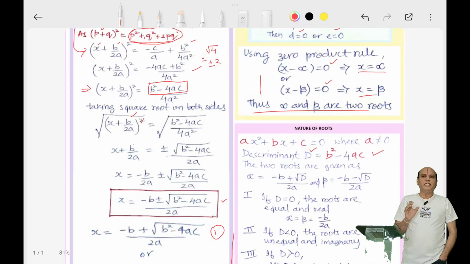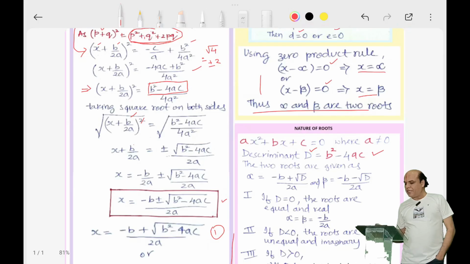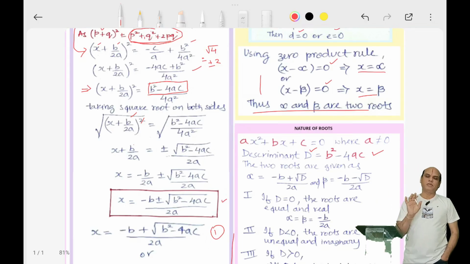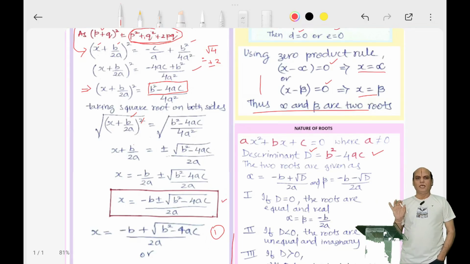Because we are discriminating the roots using this value. So if the discriminant is greater than 0, the roots would be of some nature. If the discriminant is less than 0, roots would be of some nature. If the discriminant is equal to 0, roots would be of some nature. So we are using this quantity D to discriminate among the roots. That's why we are calling it as a discriminant.